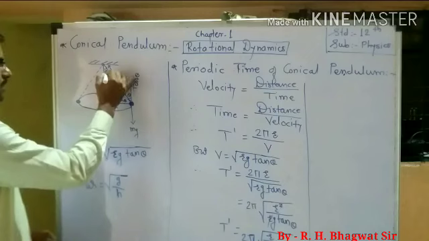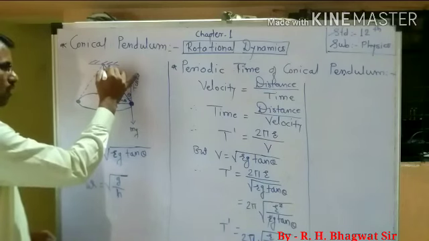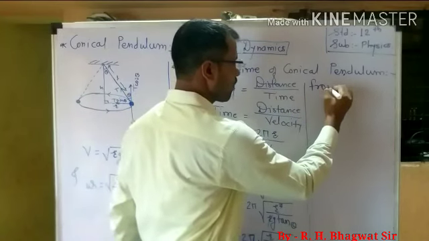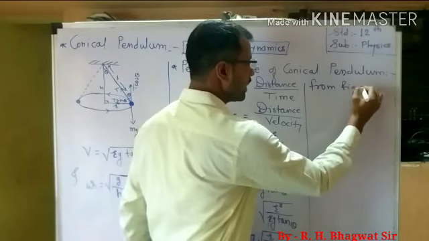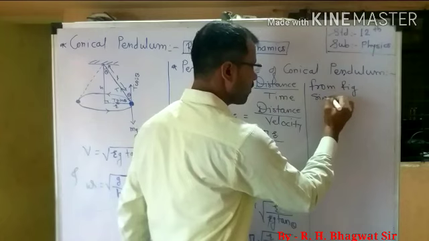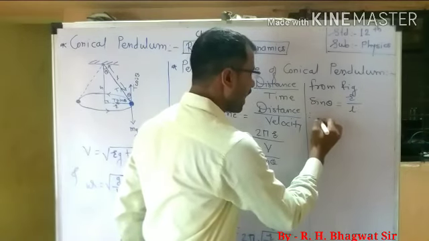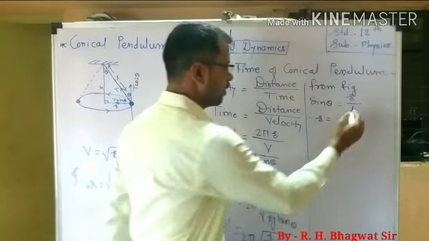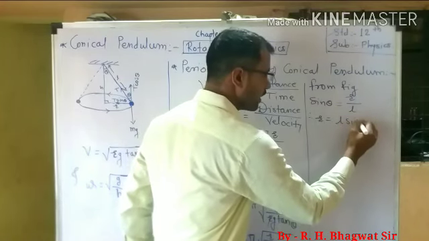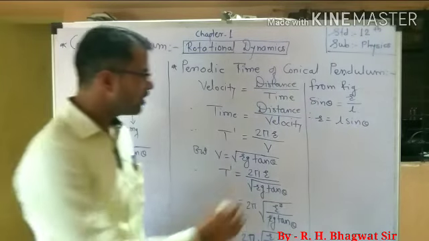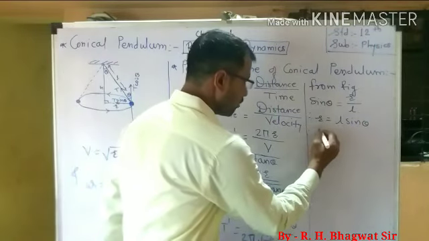Taking the trigonometric ratio sin theta for this angle, from the figure we can write sin theta is equal to r divided by l. Therefore, r is equal to l into sin theta. Put this value in this equation.